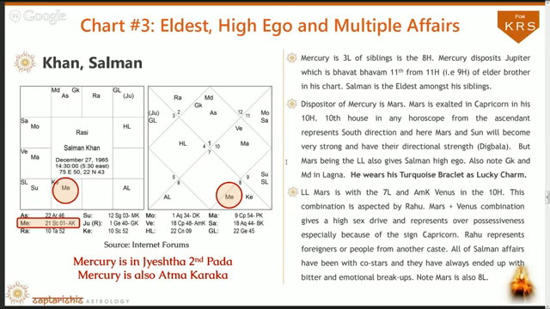Now, the third clue: this chart is showing the ascendant in Bharani Nakshatra. Again, I can stand corrected, but I feel it should be Ashwini Nakshatra. Why? I'll give you reasons. He is now running Saturn Mahadasha and Mars Antardasha.